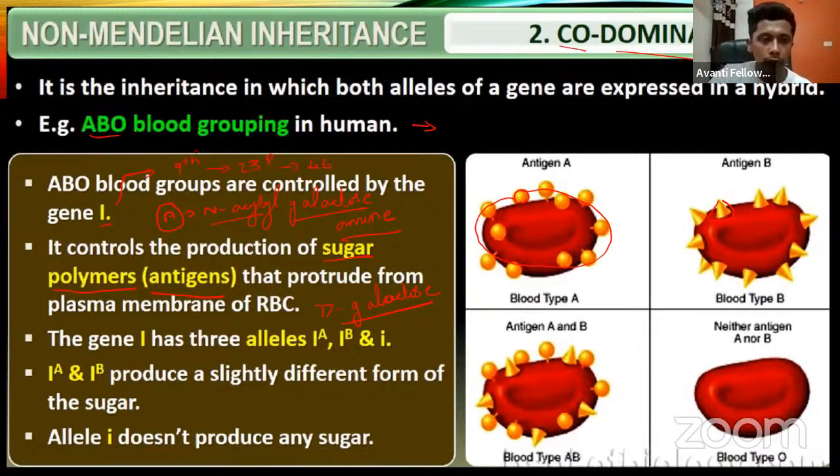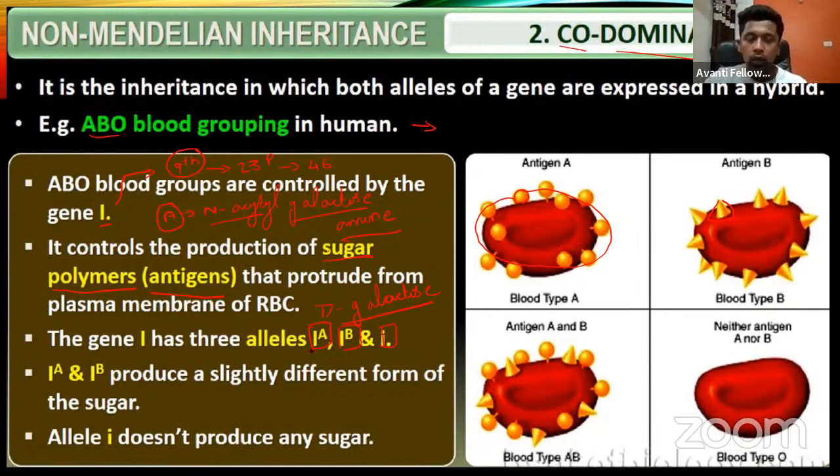The I gene appears in different allele forms. It can appear in three variants: IA, IB, and i. These are the three different types of alleles.